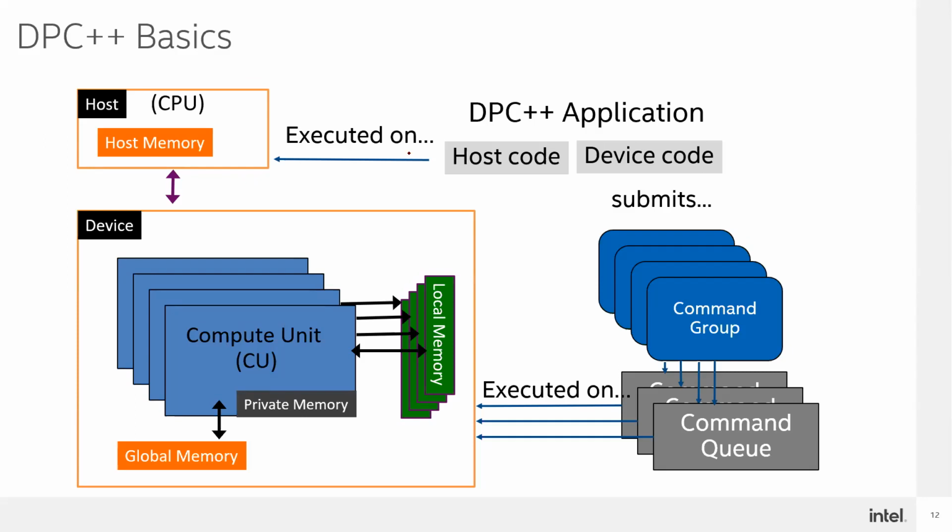This is what regular DPC++ applications look like: you have your host code, which is running on the CPU, and you have your device code organized in the form of command groups. These command groups are submitted to the command queue, and this command queue is usually linked to a specific device. So in your code, what you're usually doing is creating queues and submitting command groups to them in order to execute.